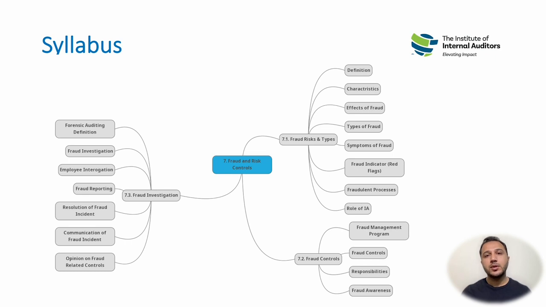And the last one is about fraud investigation. This is very critical, to understand the role of the internal auditor in fraud investigation, where we can play our role, and how we can add value in terms of fraud investigation.